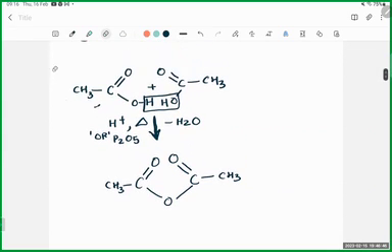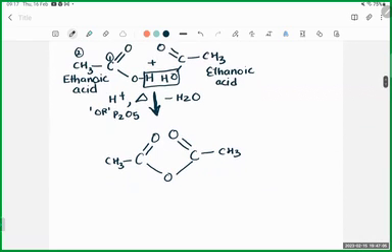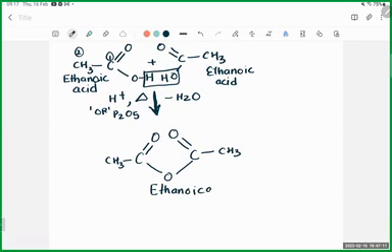You can also write the IUPAC name. You can call this compound ethanoic acid, because you have two carbons present. Similarly, we can call the anhydride ethanoic anhydride.